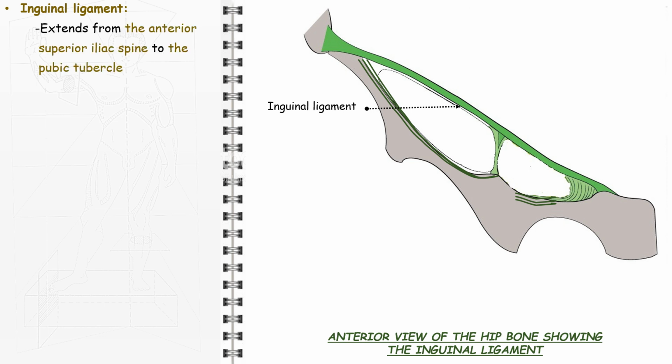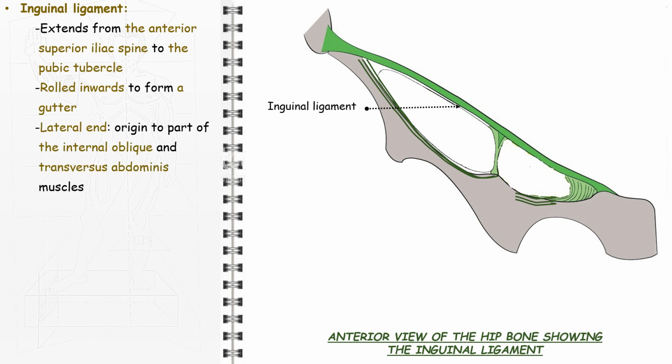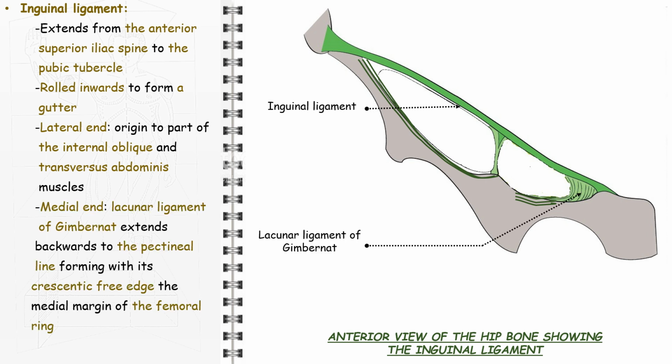It is rolled inwards to form a gutter. It adheres to the iliac fascia and is continuous with the fascia lata. Its lateral end represents the origin of part of the internal oblique and transversus abdominis muscle. Its medial end is marked by the lacunar ligament of Gimbernat that extends backwards to the pectineal line, forming with its crescentic free edge the medial margin of the femoral ring.